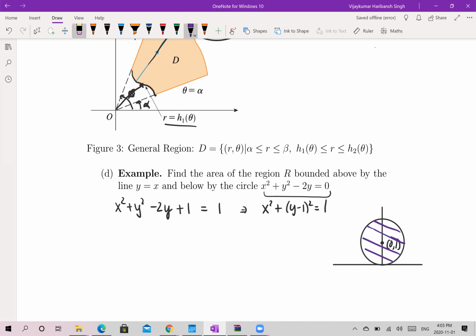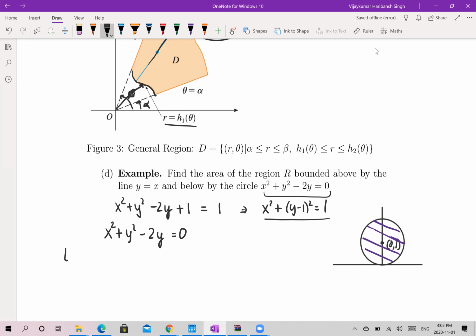Let's describe this as our first region. We need to write this equation down in terms of polar coordinates. If you look at this equation, x squared plus y squared minus 2y equals 0.